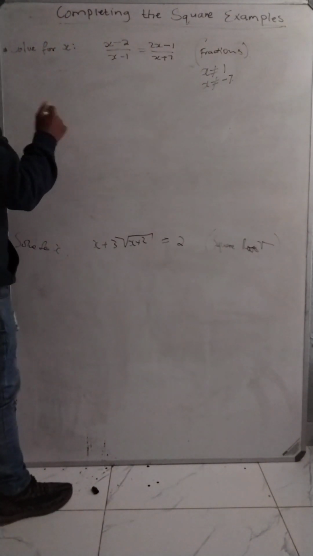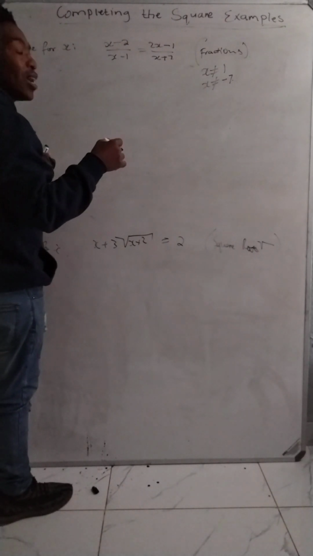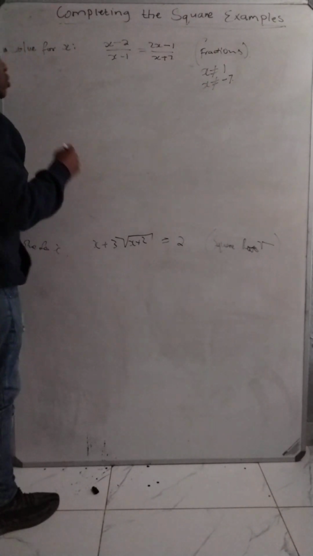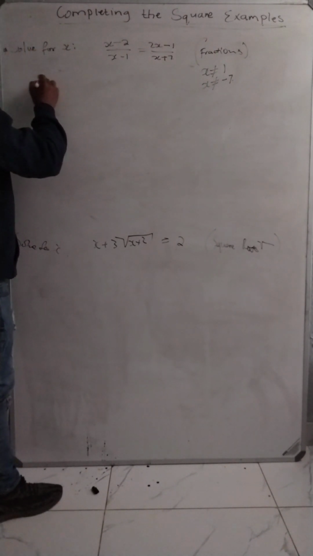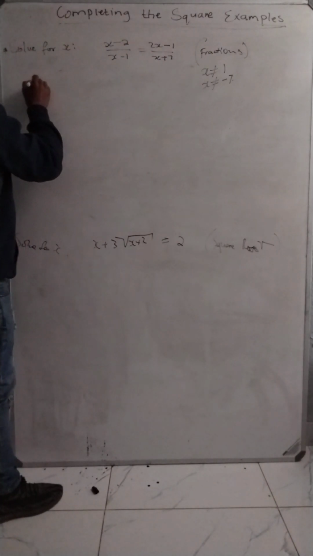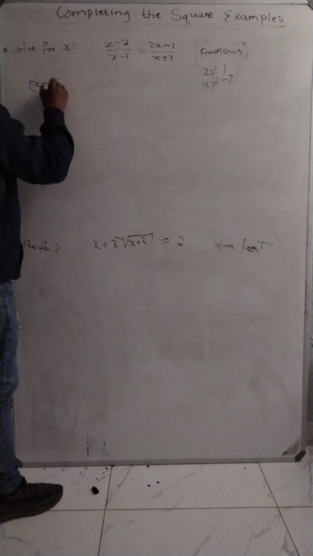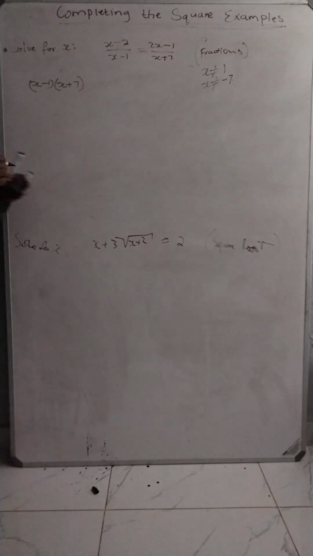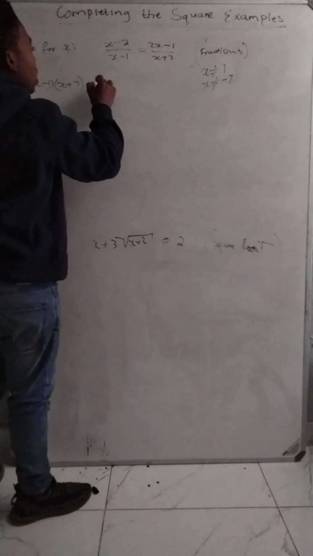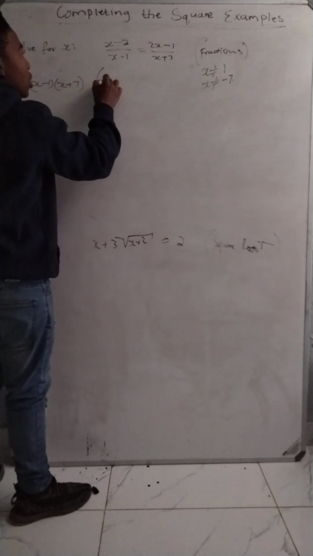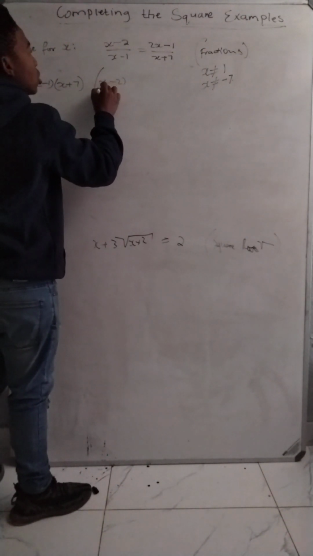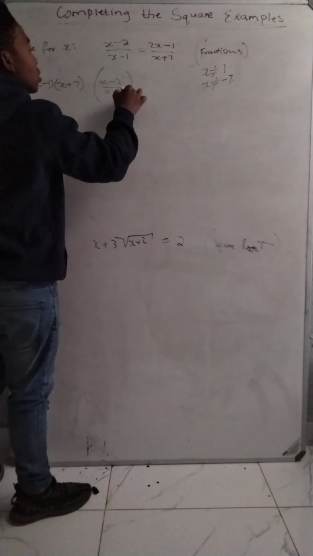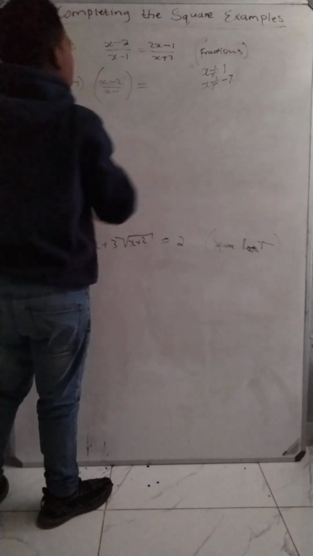So we are going to multiply the left hand side with the same thing that we multiplied the right hand side with. We're going to take x minus 1 into x plus 7, and multiply x minus 2 over x minus 1 with it.